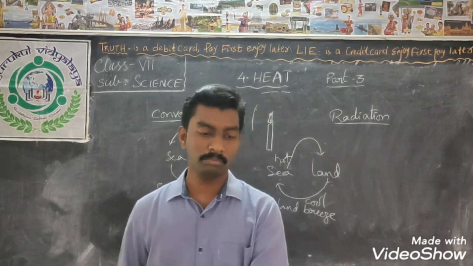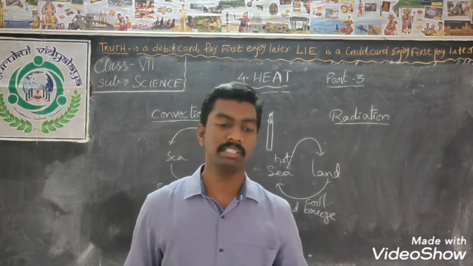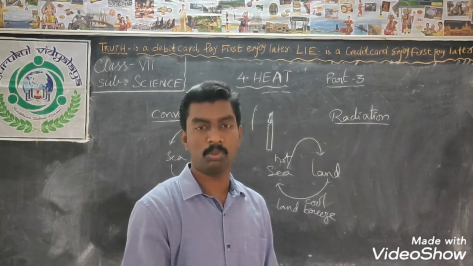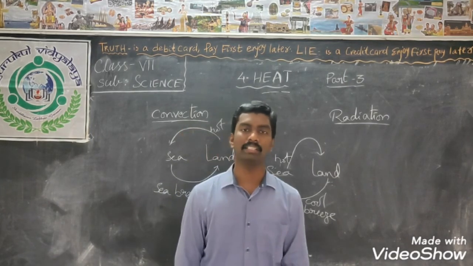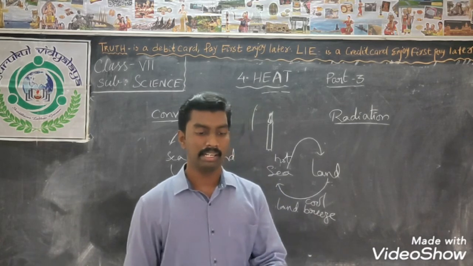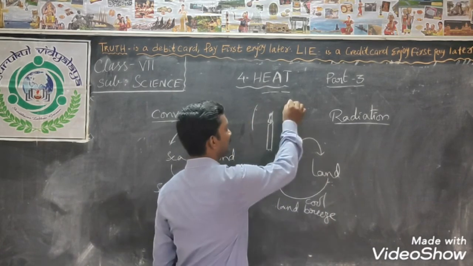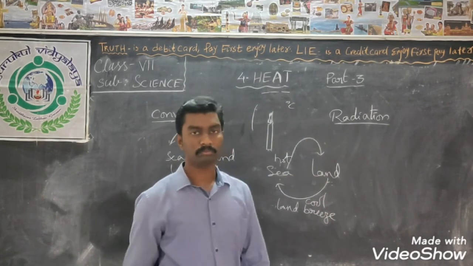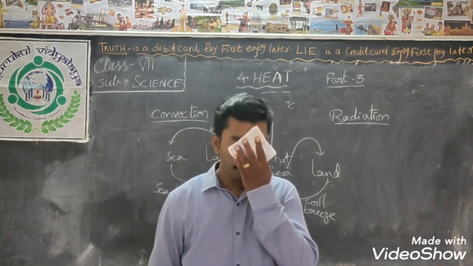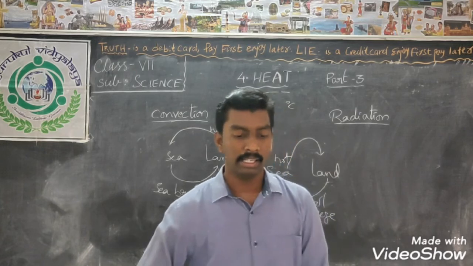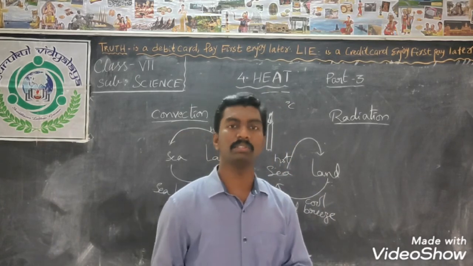So children, this chapter was completed. From this chapter we have discussed the Celsius scale. The temperature unit is the Celsius and it is denoted with degree C. That is what we discussed in the previous classes. And about conduction we have discussed.